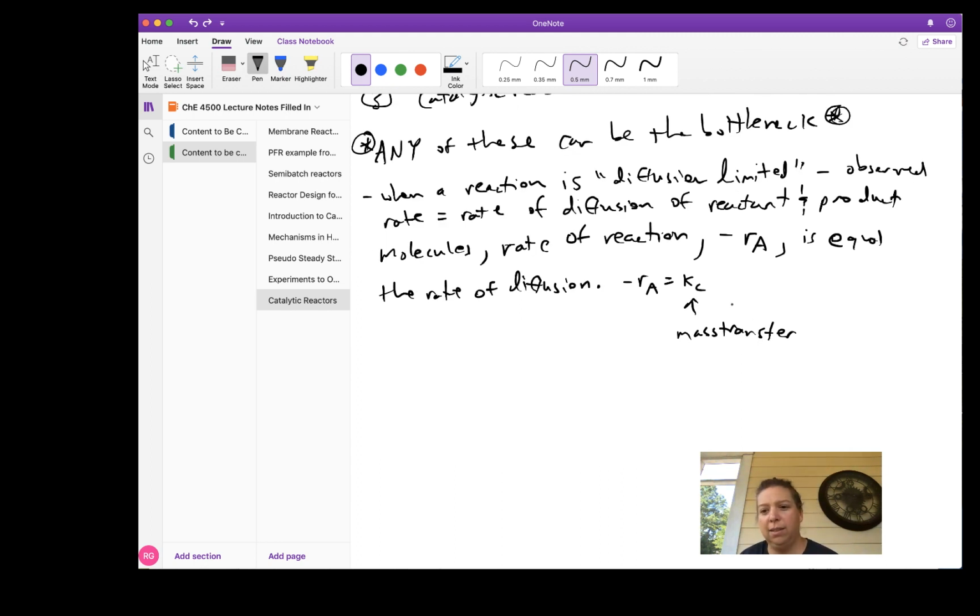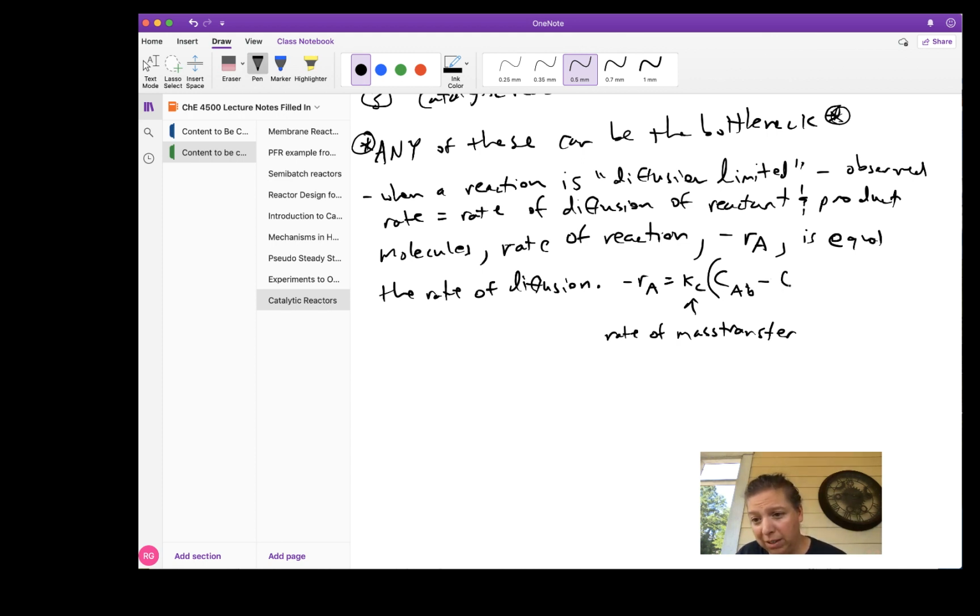So in that case, the rate law might be equal to a rate of mass transfer times a concentration gradient. So in this case, this might be C_A,B, where B is for bulk, which is the concentration that would be observed in the reactor.